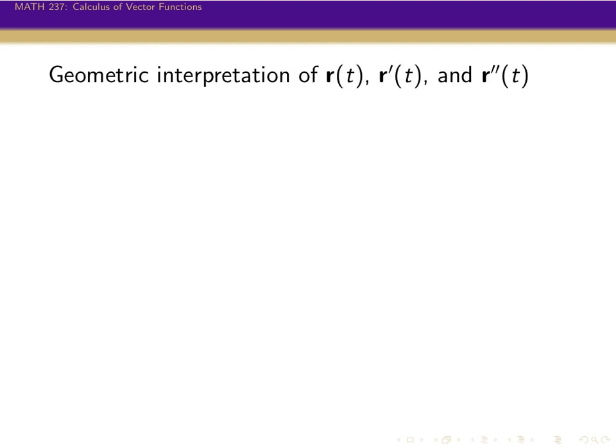Okay, so if we have some r of t, what is r prime of t and what is r double prime of t? So let's take some r of t. And so using, let's say, that's our t naught.